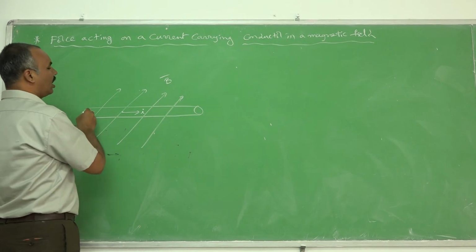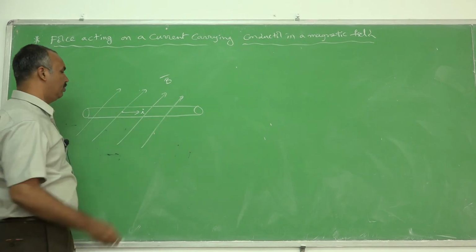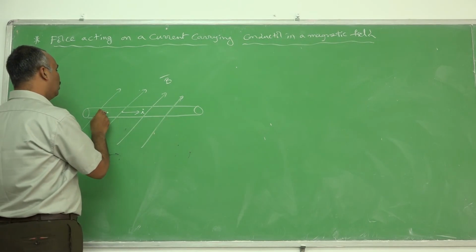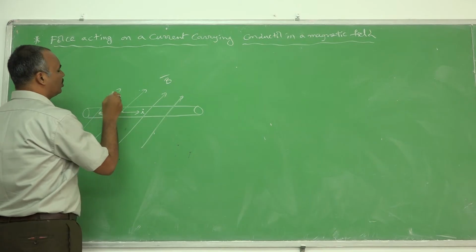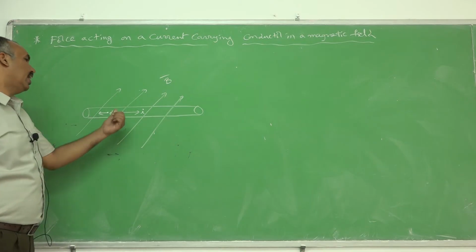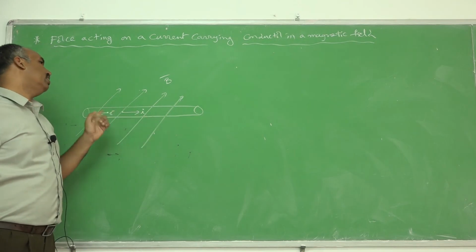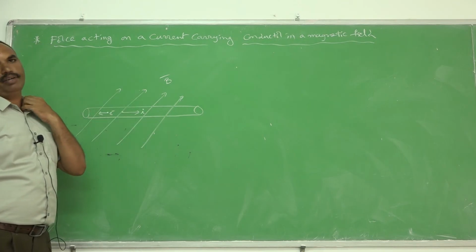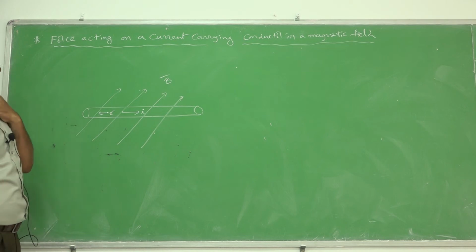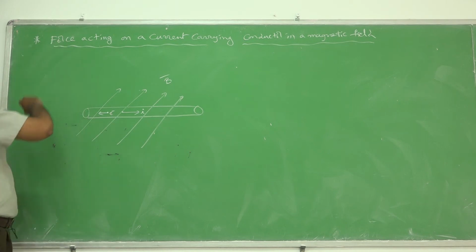So conventional current will go from positive to negative. Electron current will move in a direction opposite to the conventional current. So this is the direction of electron current, this is the direction of conventional current, and this is the direction of magnetic field.